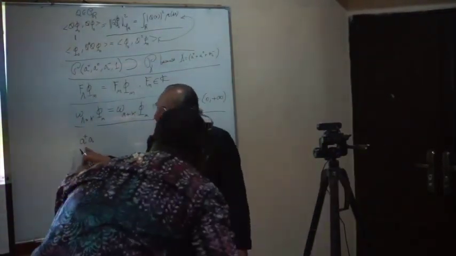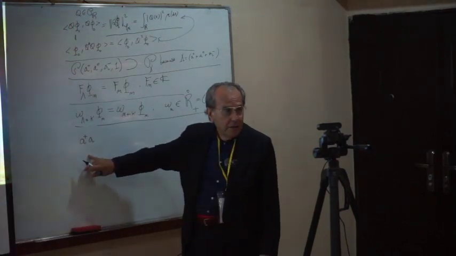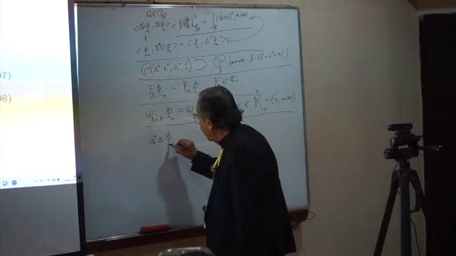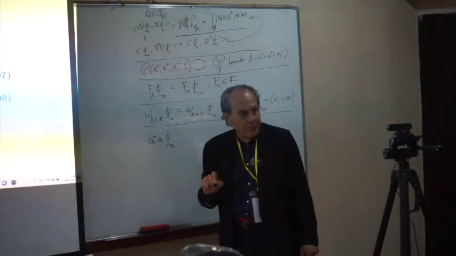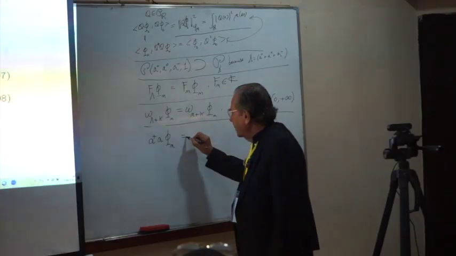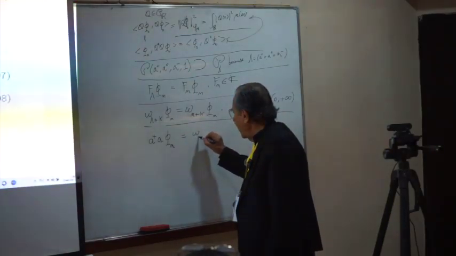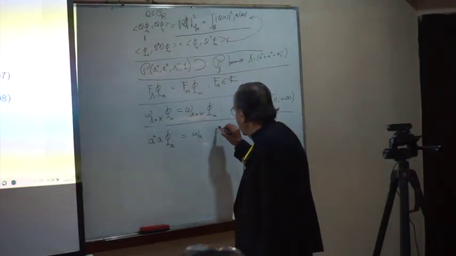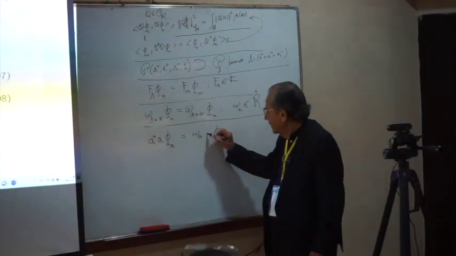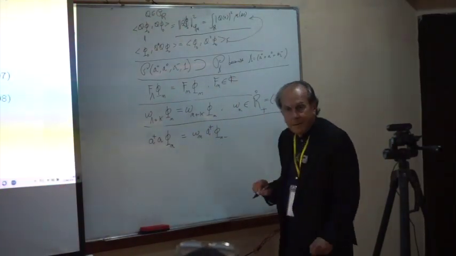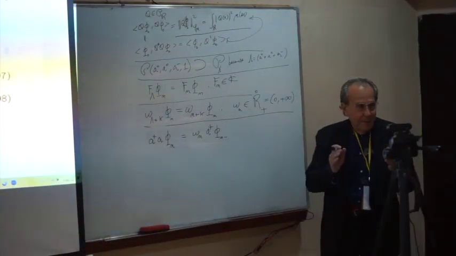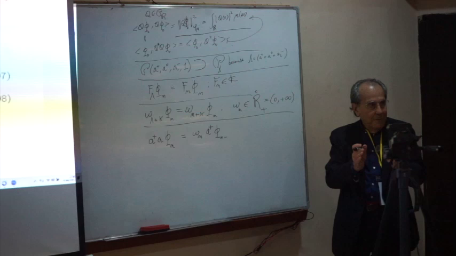Let us prove this equality in this case. How do we prove it? Apply this to the operator. By definition of annihilator, this is equal to omega n phi n minus 1. But I still have an A dagger, which will bring back to n, because remember, A dagger phi n is phi n plus 1.